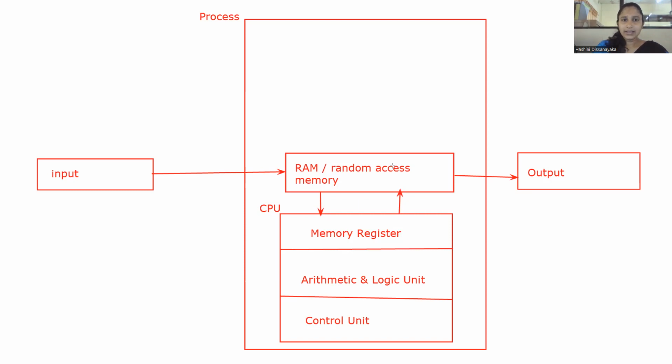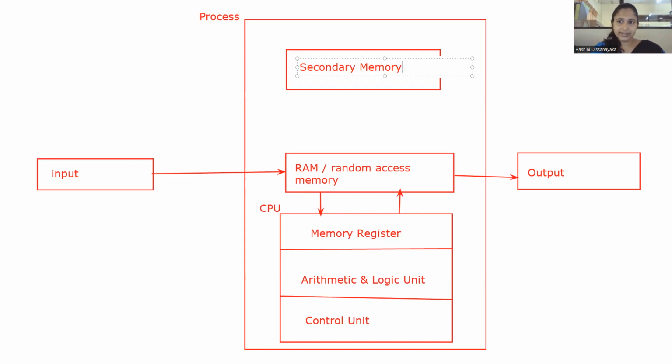Other than the RAM, there is another memory called secondary memory. Examples of secondary memory are the hard disk, also called the hard drive, the flash drive or pen drive, CD, DVD, Blu-ray, magnetic tapes, memory cards, and the Blu-ray disc.